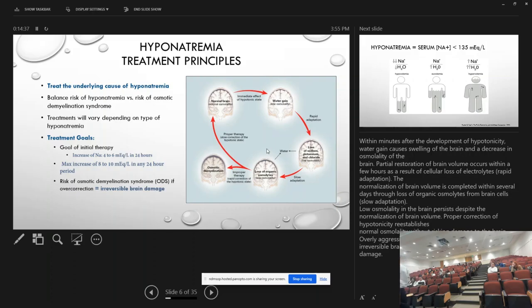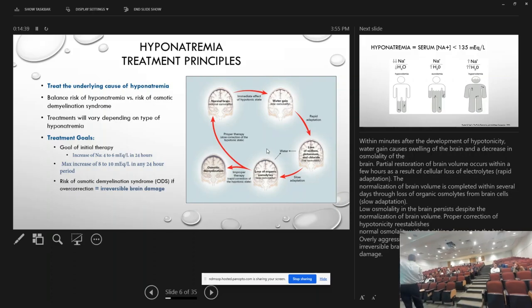So acutely, if that happens, that could cause water going from your intravascular space, interstitial space into your brain. And that's going to cause cerebral edema. That is what causes seizures, coma, death. Okay? And this is all if it happens acutely.